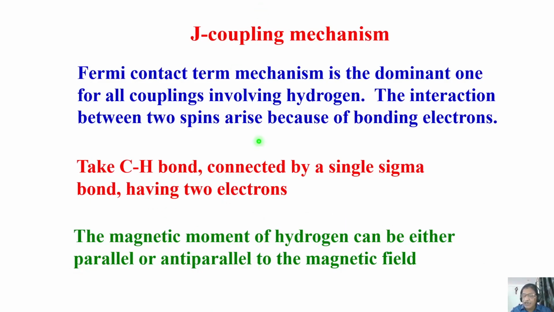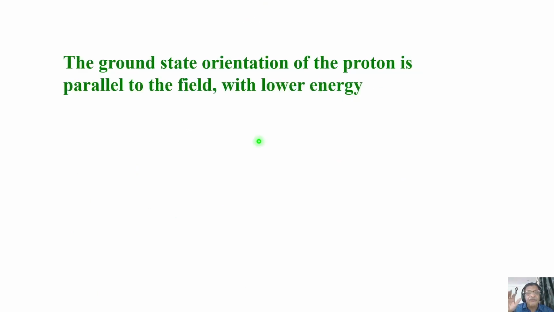With that idea, let us go further. Let us take the ground state orientation of the proton. What is the ground state orientation? It is the alpha state, which is parallel to the field, lower energy.